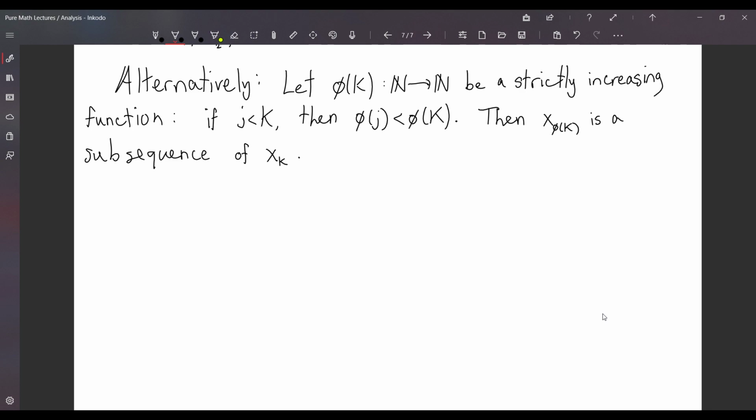And the only result that we're going to talk about in this lecture is that if our sequence x sub n converges to L, then every subsequence converges to L, right?